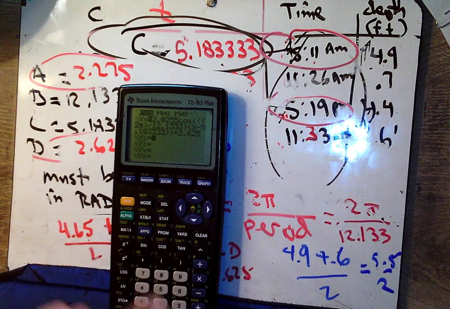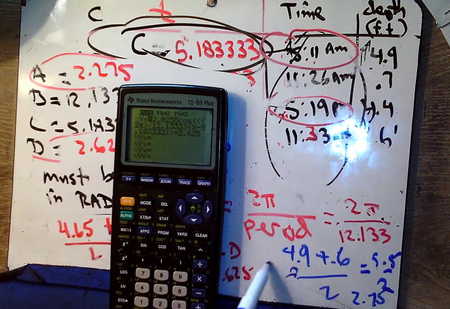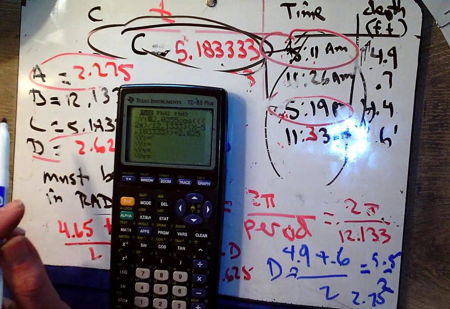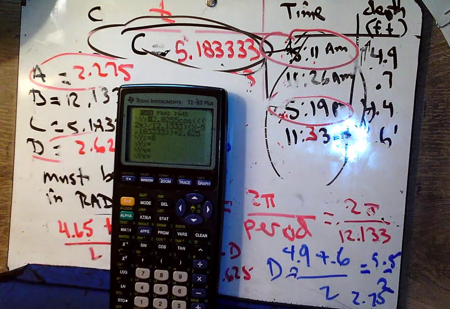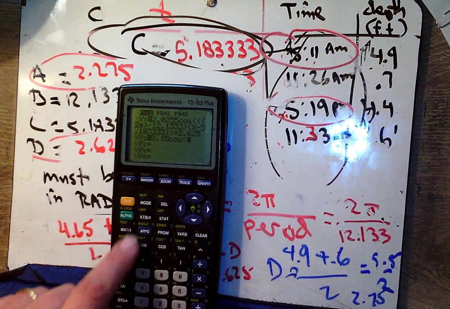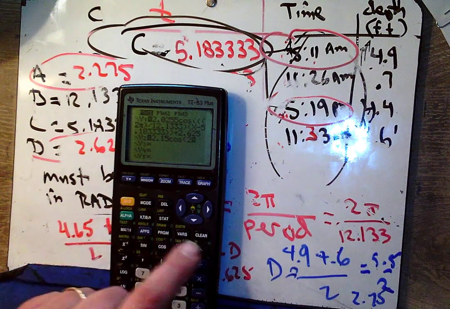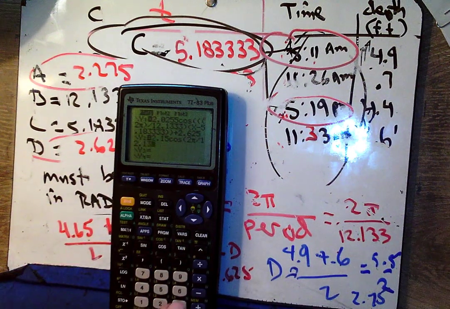So we had 2.75 for our D value. And our A would be 4.9 minus that, which is 2.15. The B value didn't change. It was cosine of 2 pi divided by 12.3 times (x minus 5.184) plus 2.75.